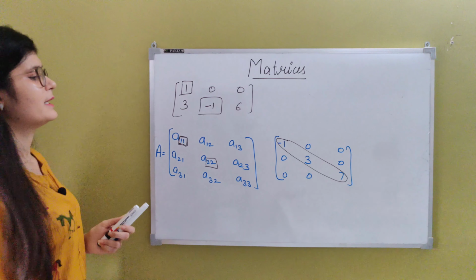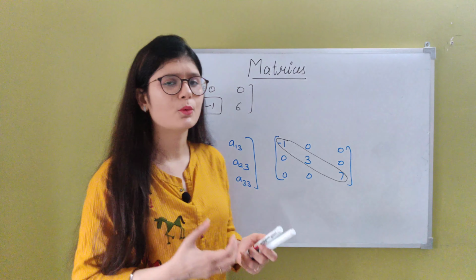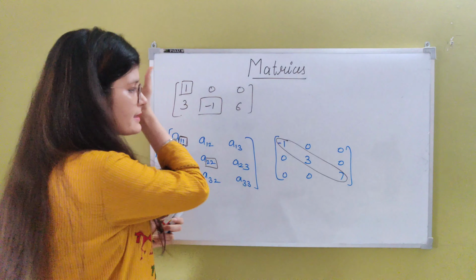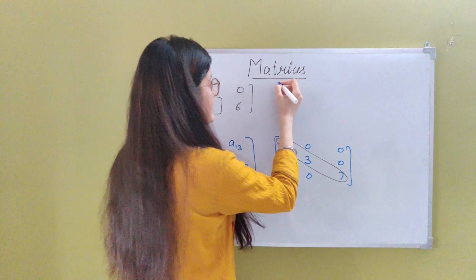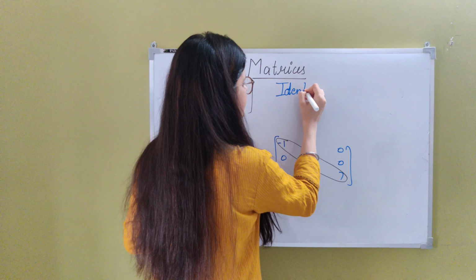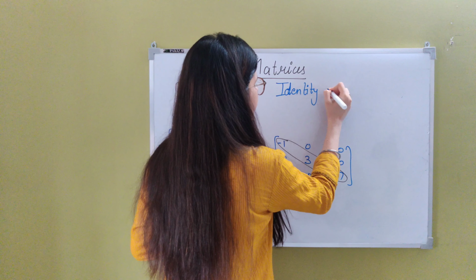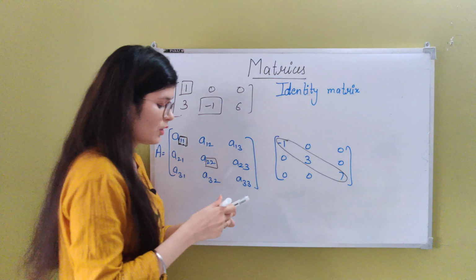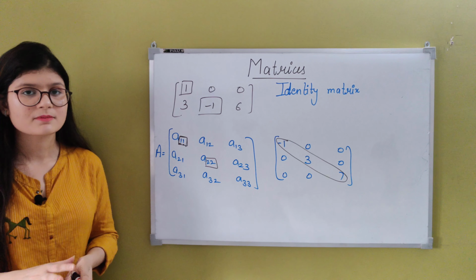So now I would like to describe some more types of matrices that we are going to use in questions, and the most important one that you usually see is the identity matrix. What is an identity matrix?